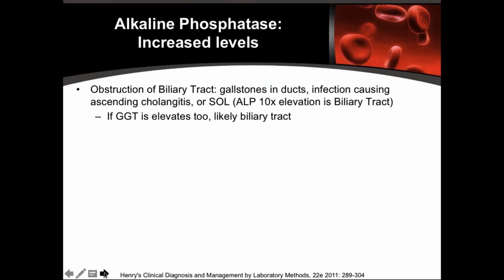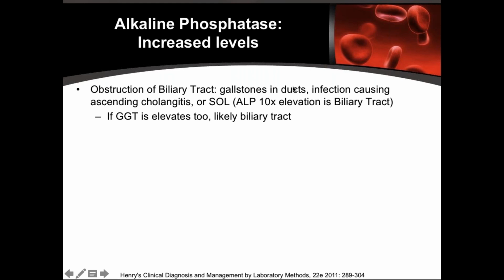Okay, let's make it to the next slide here. So we mentioned earlier, when we were talking about bilirubin, how it can give you some idea of where a blockage might be, between the liver, gallbladder, right, common bile duct. Turns out that alkaline phosphatase can also help you to narrow that down. So obstruction of the biliary tract is going to cause increased alkaline phosphatase levels.